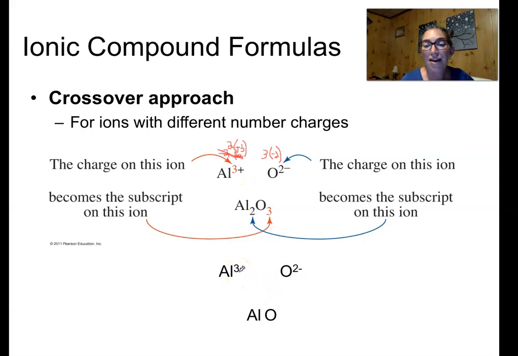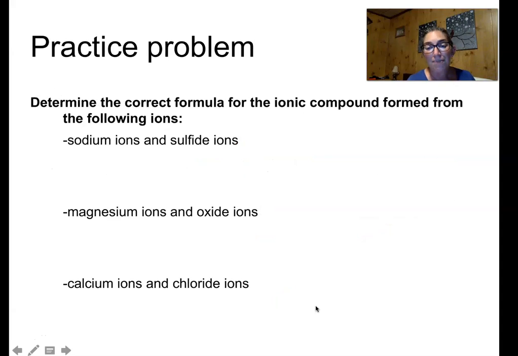Well, in the ionic compound formula, we move that 3 to become the subscript on the oxygen. And we take the 2 from the charge of the oxygen and we make it the subscript on the aluminum. So that's like a shortcut method for anytime you have 2 different charges, you can do this crossover technique to figure out what the subscripts are.